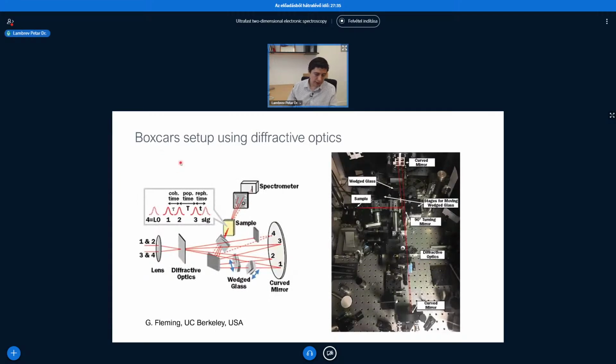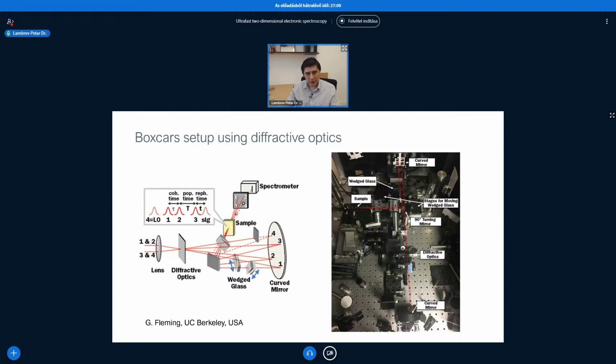This is an example of the non-collinear setup that is developed by Graham Fleming and nowadays used in many labs around the world. I won't go into detail, but basically you have two pulses, you separate them into four, and then you introduce delay stages so that you can control the delay between each.